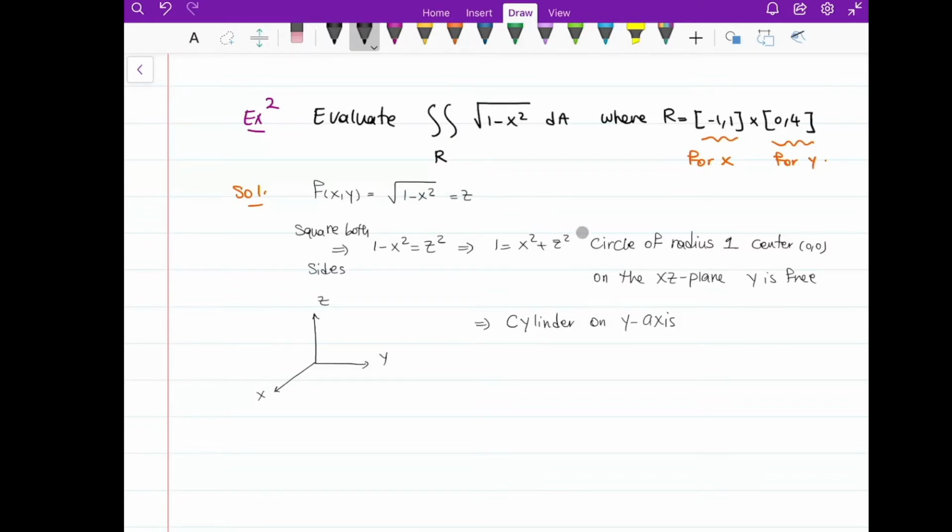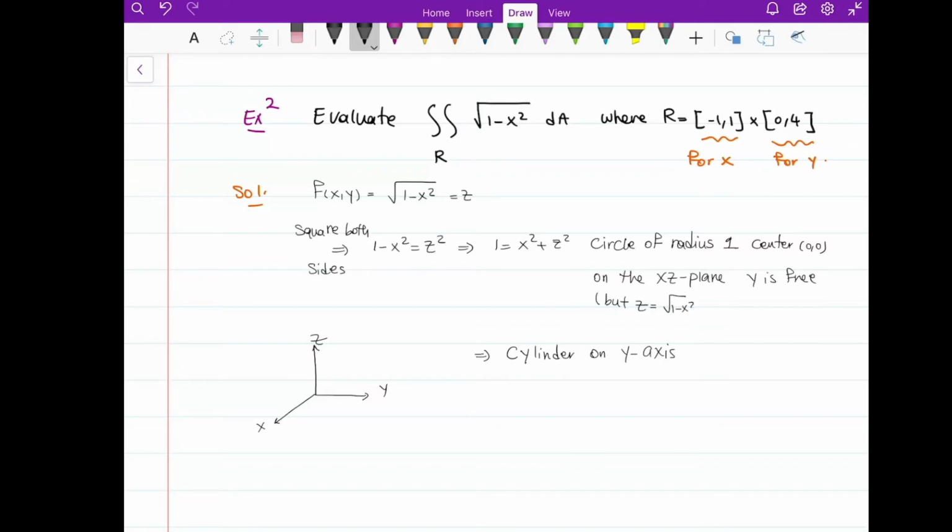And I have a circle, but pay attention that it is not actually a full circle, because z is a square root, which means that z is always positive. Okay, pay attention to this fact as well. z is equal to the square root of 1 minus x squared, so z is positive.